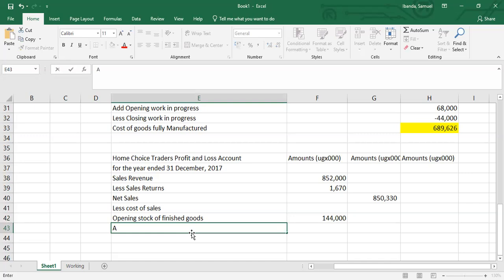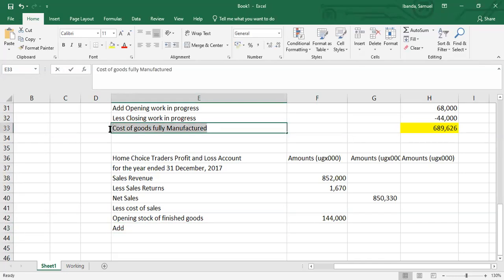Then I'll add. Now, the next thing that we'll add would be purchases, in case we're dealing in a kind of like we purchase goods and resell them without manufacturing. But since we now do manufacture our goods, where we should have put purchases, we put this cost of goods fully manufactured. Okay? And this is where now this figure comes in.